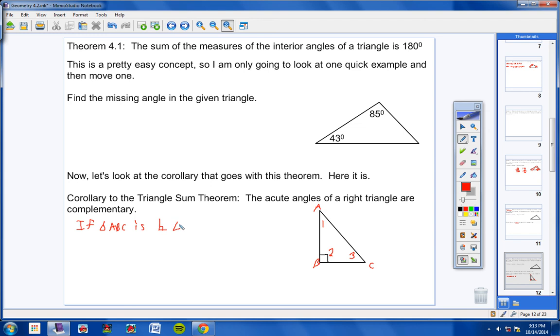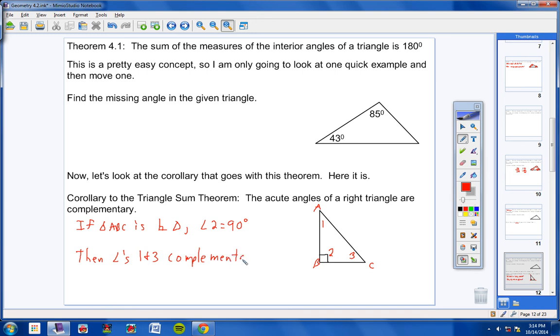A right triangle, and angle 2 is 90 degrees. So if my triangle is a right triangle and angle 2 is a right angle, then angles 1 and 3 are what? Complementary. In other words, they have to add up to 90.